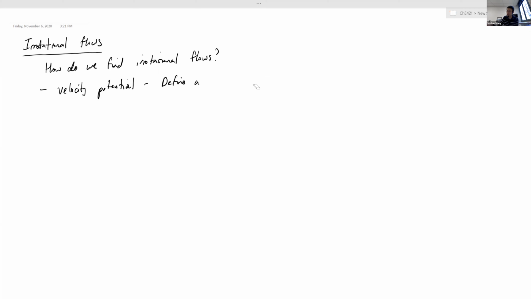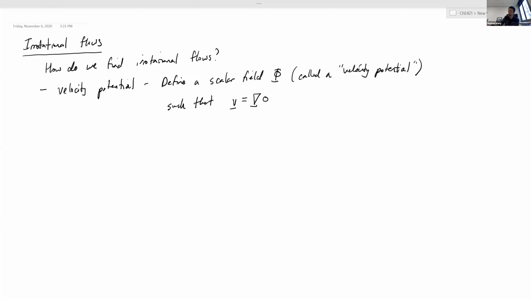I'll define a scalar field phi, and this is called a velocity potential, such that the gradient of the scalar field is equal to a velocity.